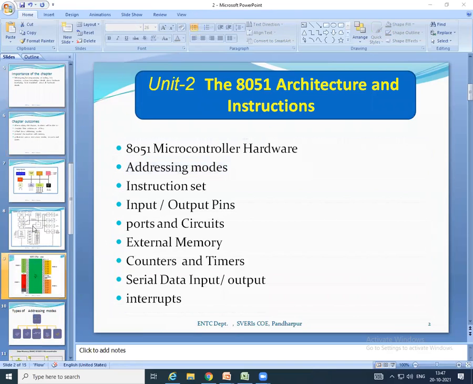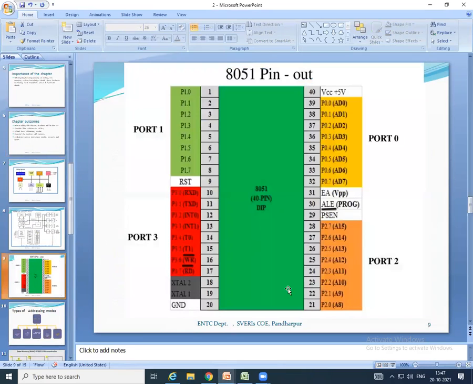As a review of what we have seen earlier, we have seen up to the pinout diagram for the 8051. If you have gone through the study material sheet, you have definitely gone through this pinout diagram and tried to draw it in the notebook.